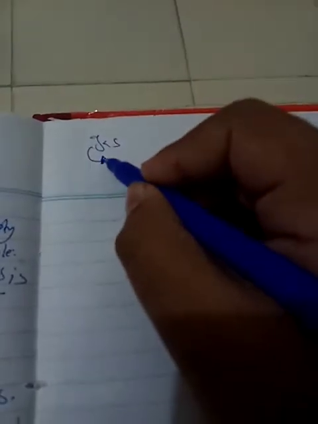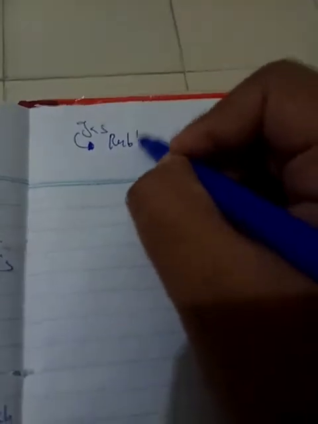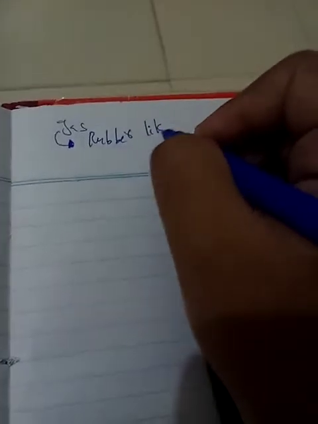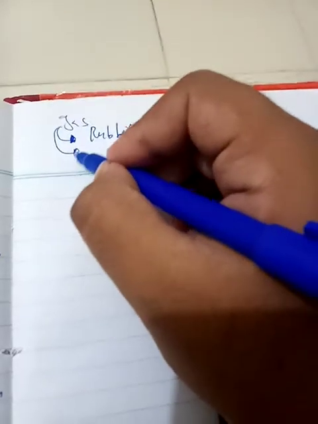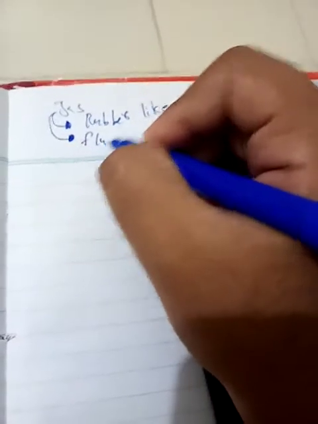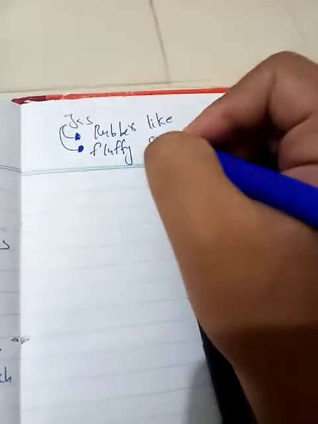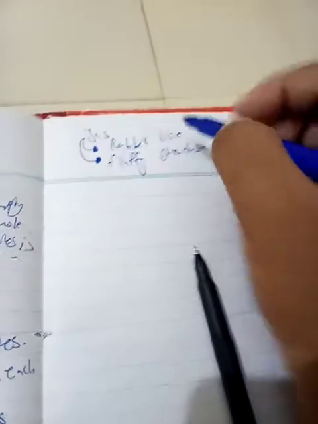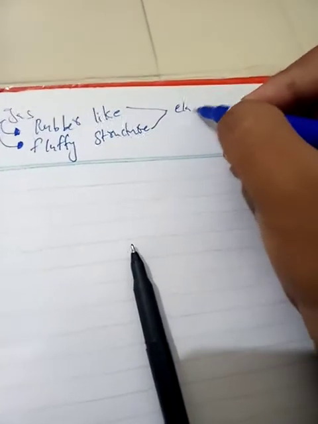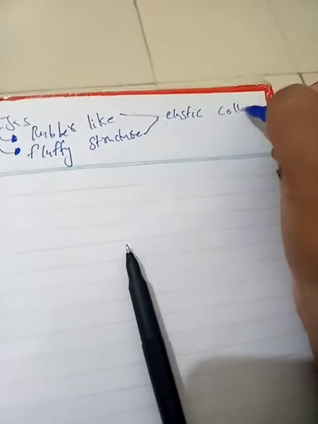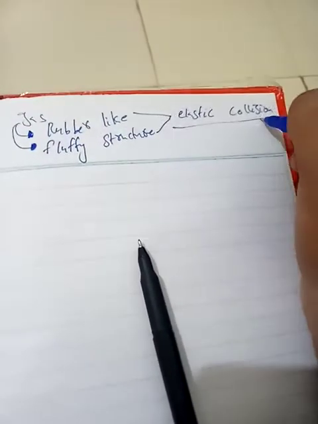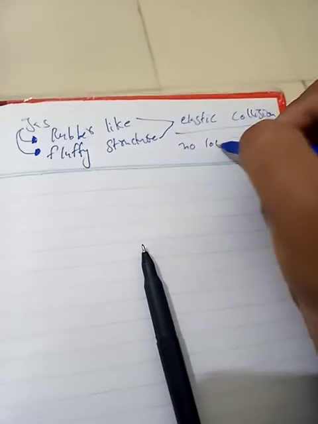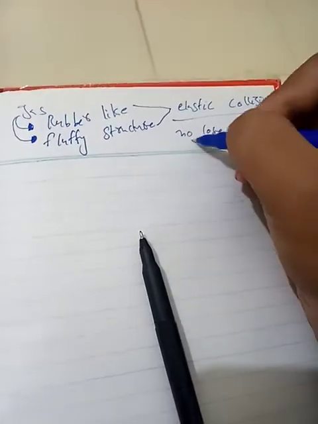A gas molecule has a rubber-like structure, or you may say a fluffy structure. That's why it has an elastic collision, and in an elastic collision there is no loss of heat energy.